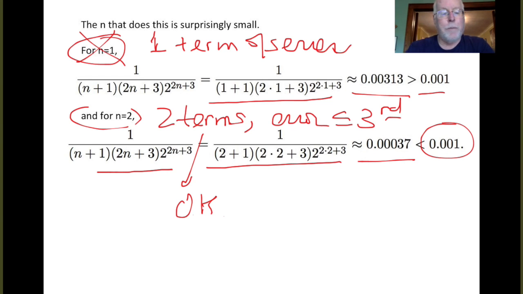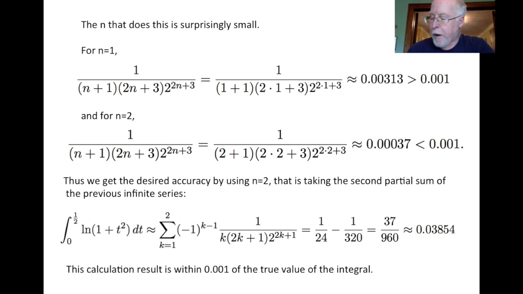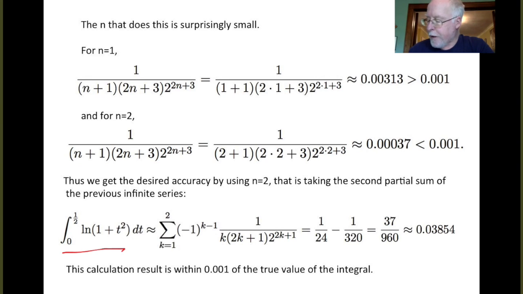So we conclude that the integral we're trying to find, we're going to approximate by just taking the first 2 terms of the series that we obtained in evaluating the integral. Those first 2 terms are, when k equals 1, 1/24th, and when k equals 2, minus 1/320.